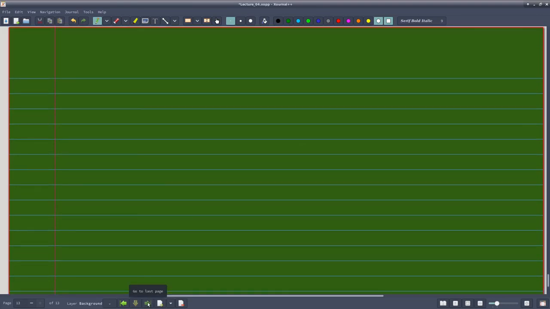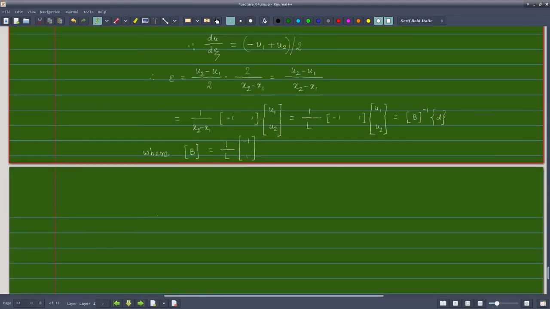All right, so we can write ultimately that strain is B matrix B transpose into this nodal displacement vector D. Okay, now let us find out the stresses.